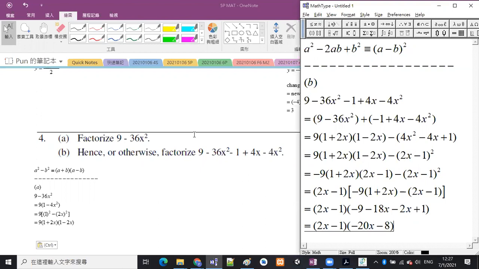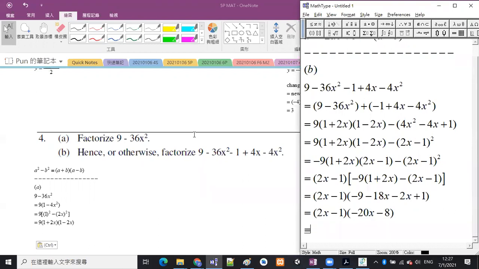Can you see this? And then finally, negative 8 and negative 20 has a common factor. Okay, so we just take out the common factor. It should be negative 4. Okay, and we have 5x plus 2. Okay, so that is the final answer.